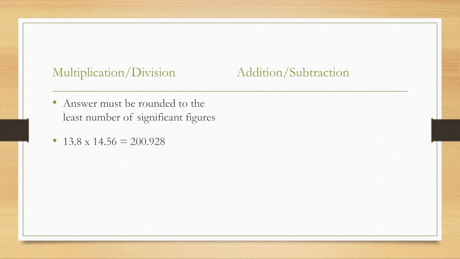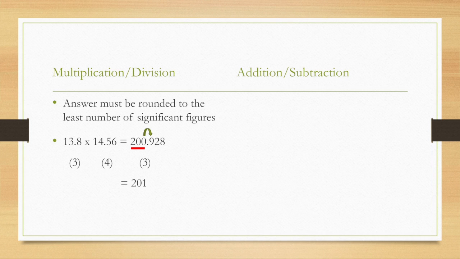Now, we can determine how many significant figures each number has. 13.8 has 3, 14.56 has 4, and the least between those two is 3. So our answer also has to have 3 significant figures only, which is the 200. Again, we look directly right of that last number, which is a 9. Because it's a 9, we round up to 201.